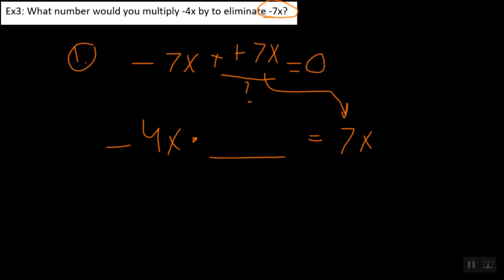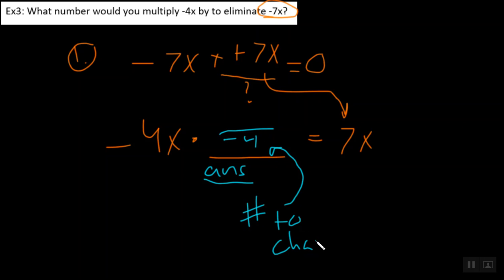Now, I'm going to show you a trick that I'm quite certain most of y'all don't know. And by the way, negative 4x times this number that we're searching for is going to be our answer. Now, here's the cool trick. We can create a fraction where the number that we want to change, we can put that on the bottom, so negative 4, and I'm even going to label that. This will be the number to change. We multiply into the number we want it to become by putting that on top, okay?